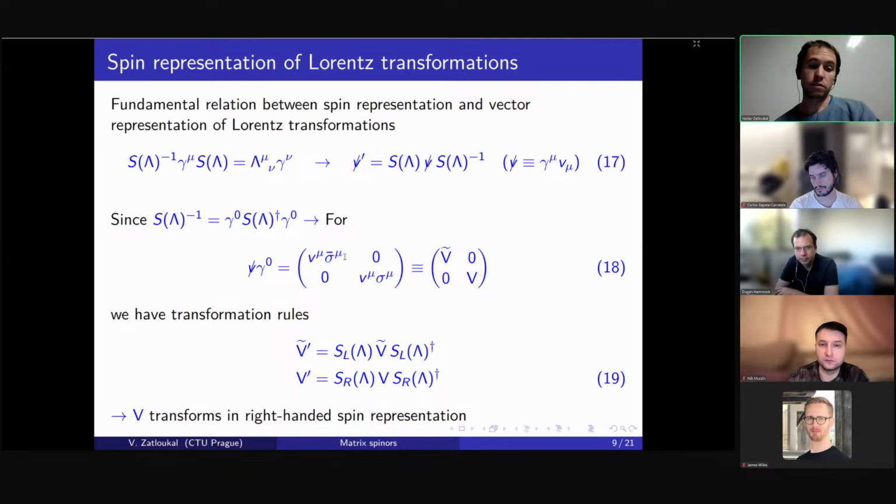And these have the transformation rules 19. So indeed, the v prime, the matrix representation of four vectors, which is what I announced on the first slide, transforms under Lorentz transformations via this conjugation with the right-handed spin representation matrix.